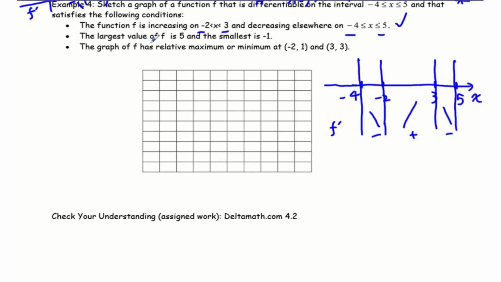Then the largest value of f is 5, and the smallest is -1. The graph of function f has a relative minimum at -2, 1. So this is a point. And from here, you will see it will be a local minimum because it will go this way. And 3, 3 is going this way, so it's a local maximum.